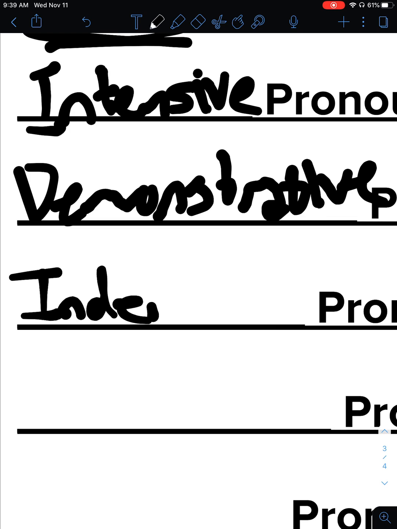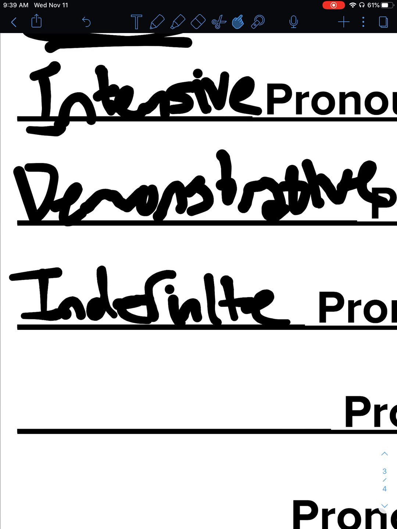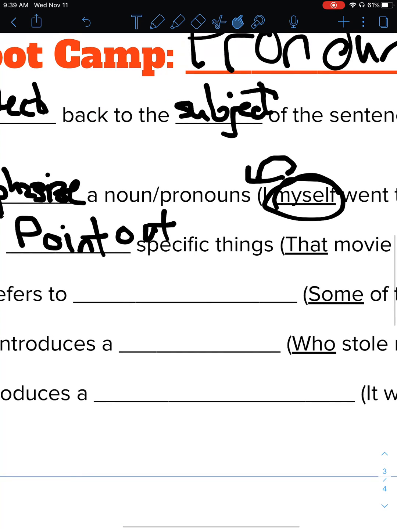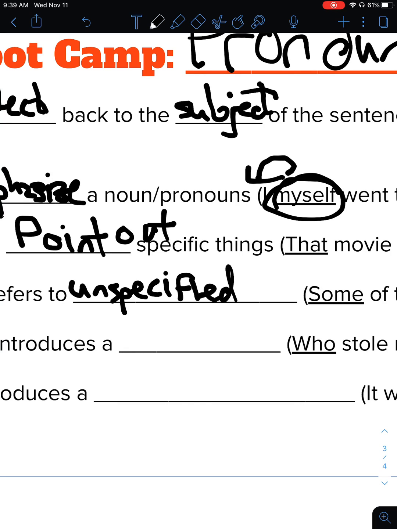indefinite pronouns. And indefinite pronouns refer to an unspecified number.